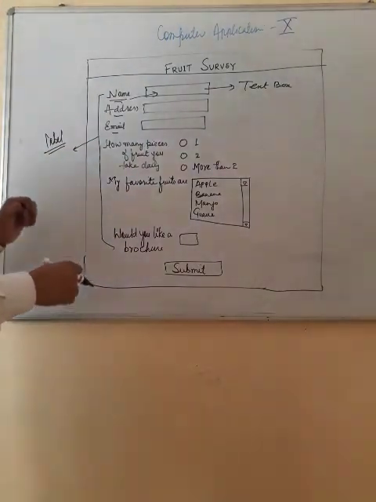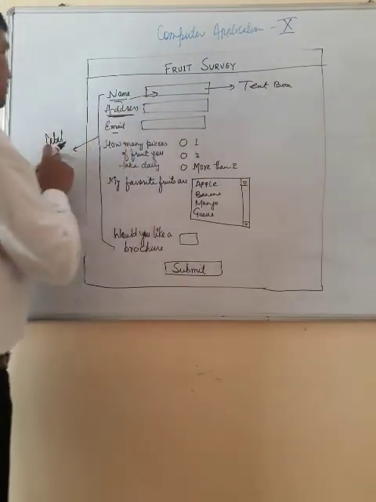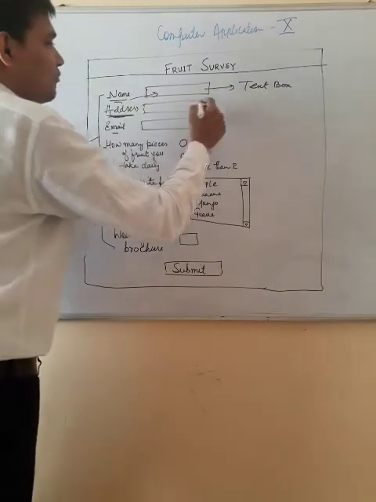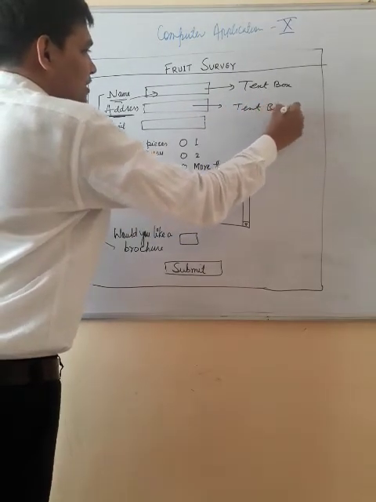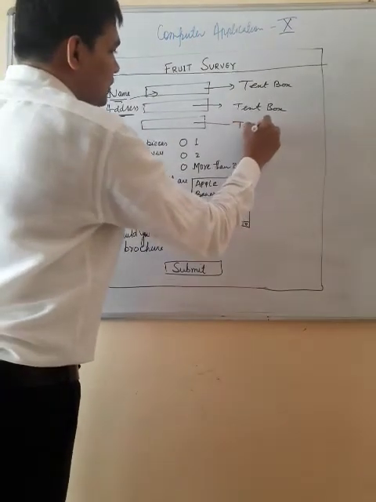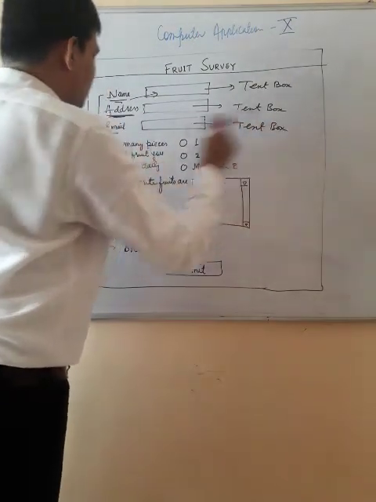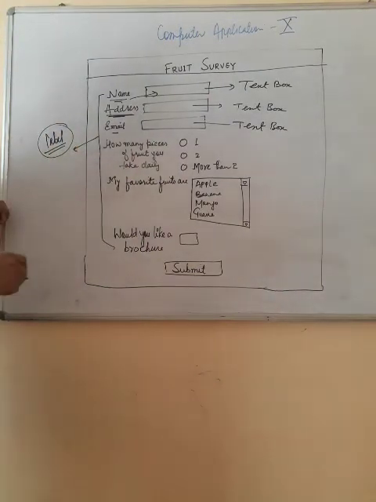In the same way, for the address, I have also mentioned the address, which is indicated with the help of the label, and where the address is to be typed by the user is the text box. For the email also there is a text box. The word email that you are seeing here is also a label.